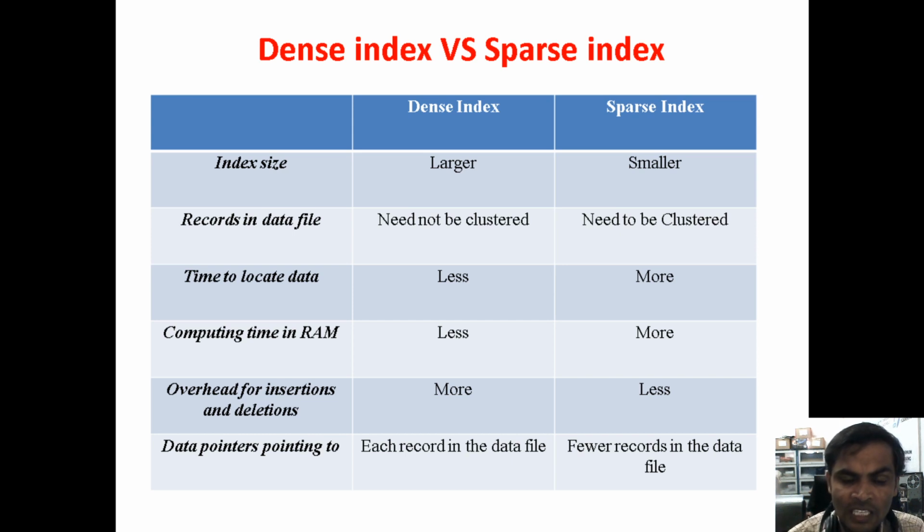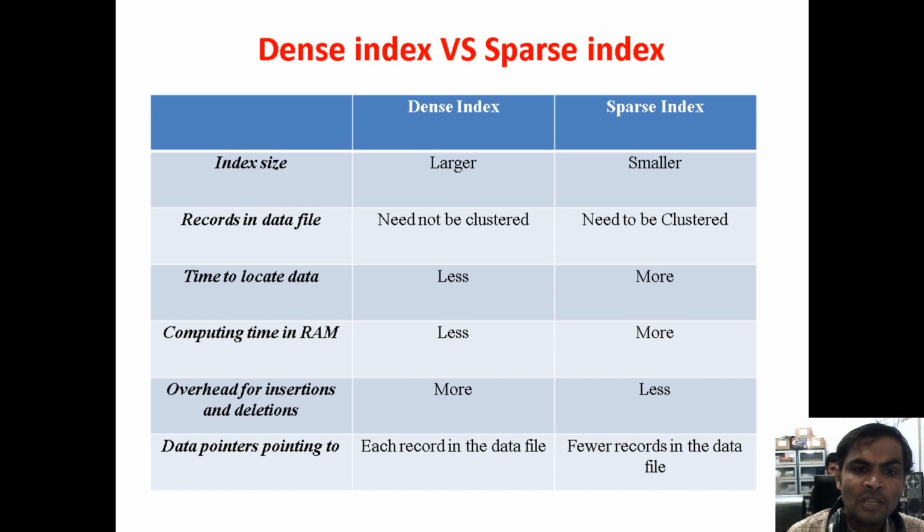Coming to the sparse index, the pointer is not pointing to each and every record, it is pointing to only a few records. Why? Under the sparse index, the existing index structure may have 5 columns while the main table has 10 columns, so here we do not have similar columns.